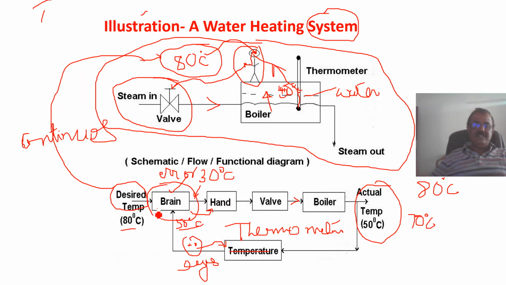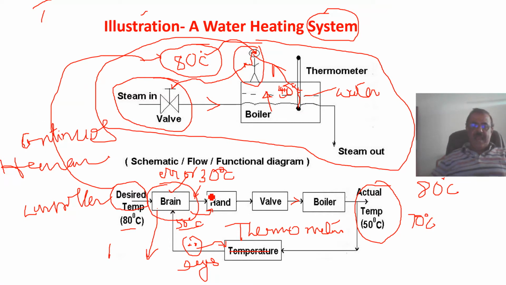You can call it a controller. So this system has a controller. But who is the controller here? The brain, the human being is the controller. So it's a human control system.